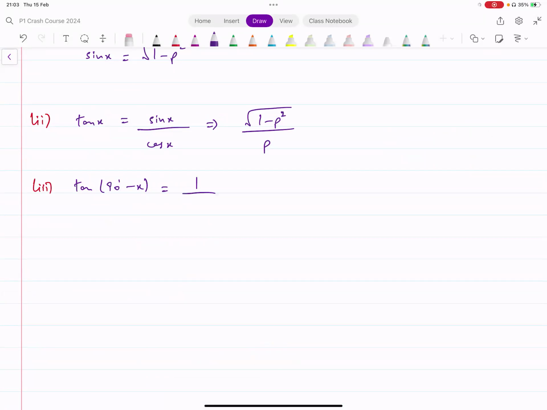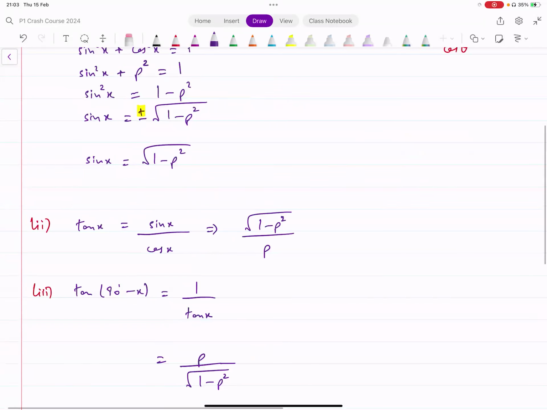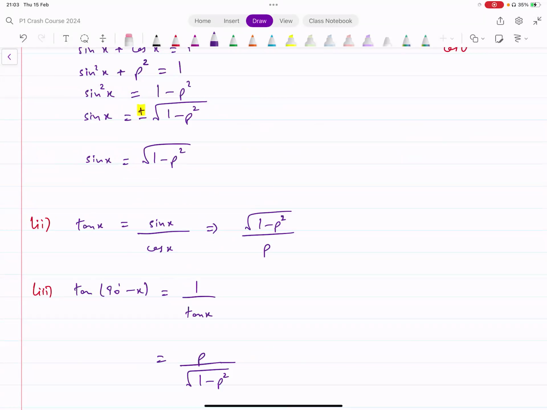We know now this is 1 over tan x. So just the reciprocal of tan. We already have the value of tan. We can just take the reciprocal of that, and that gives us p over square root of 1 minus p squared. And that is tan of 90 minus x. Just the reciprocal of this. That gives us the result.